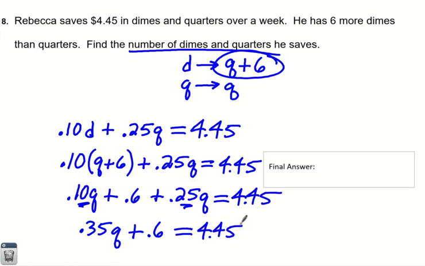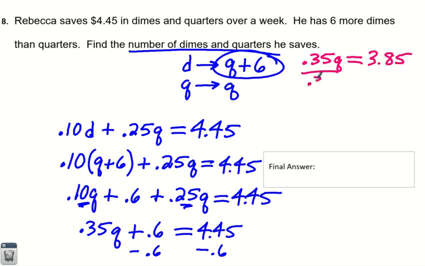And now we can just finish off getting q all by itself. So we have 0.35q equals, let's make sure, let's not take any risks here, 4.45 minus 0.6 is 3.85.